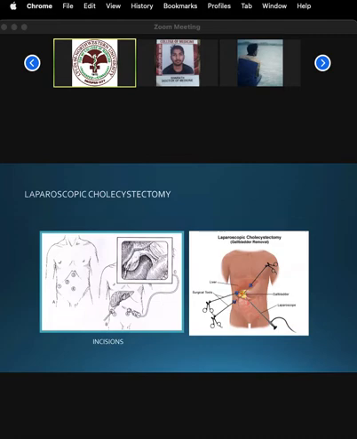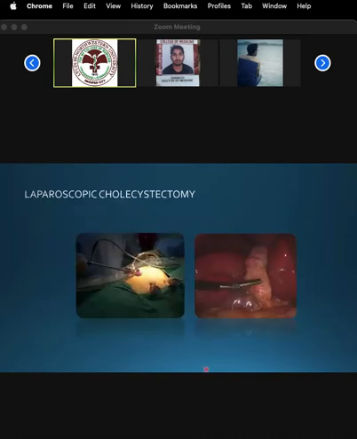Then we visualize the area around the gallbladder and use the light as a guide to where we make skin incisions to insert the other instruments. So it's usually a 4 to 5 incision laparoscopic cholecystectomy procedure. That's how we do it.